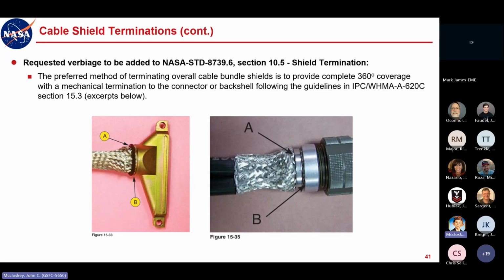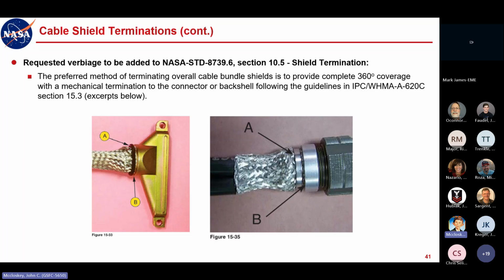Because it's not that it's completely ineffective. It works just fine at low frequencies. It's just that the inductance of it is going to provide a higher impedance as the frequency goes up, to the point where, at high enough frequencies, it's essentially an open circuit. So if it is a choice between a pigtail and fully open, you want to provide some termination there.